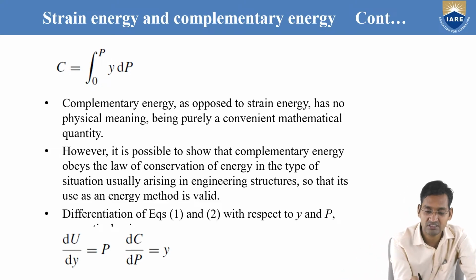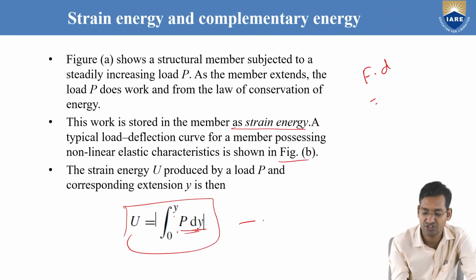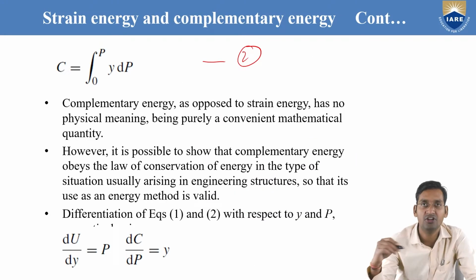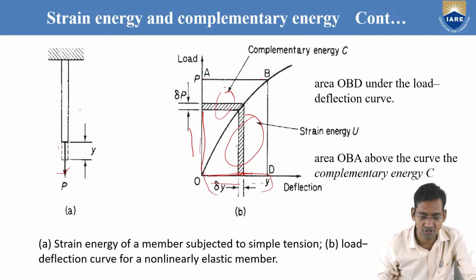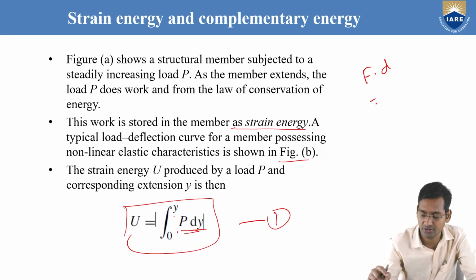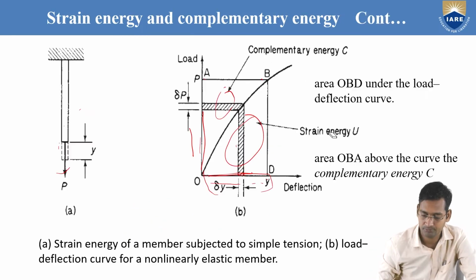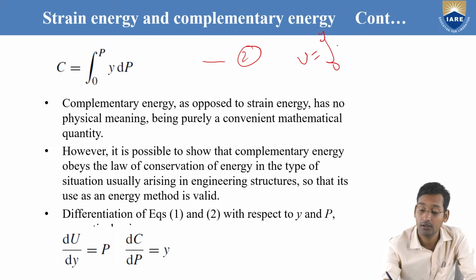Now that is the second equation, and this is the first equation, that I missed, so just here. Now differentiate both. Here I'm differentiating this one: u equals the integration from 0 to y of p dy.